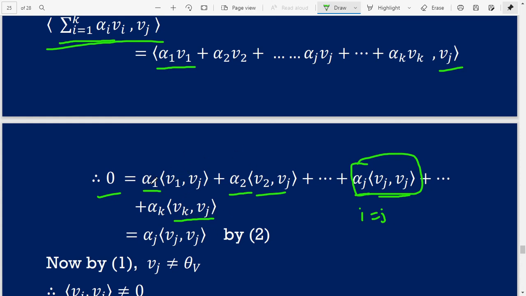So multiplying with alpha_1, this is equal to 0, and this is equal to 0, and this is equal to 0. So the remaining is alpha_j times the inner product Vj with Vj. So this is equal to 0.